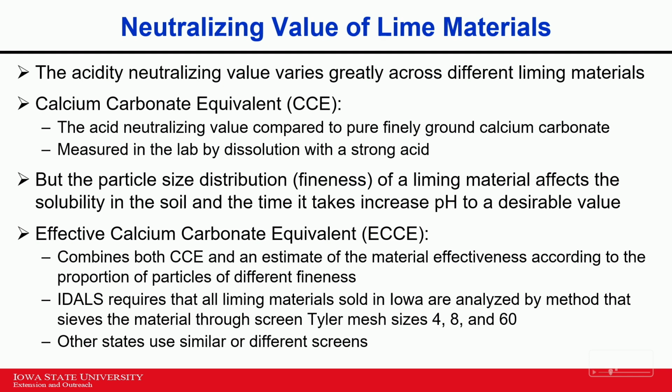We published a paper, I think it was in Agronomy Journal, showing that actually they're pretty good, these sizes and these factors, except, as you will see, they may overestimate a little bit the efficiency of dolomitic lime. Now, other states use these same sieves or a couple of different ones, but the concept is about the same.